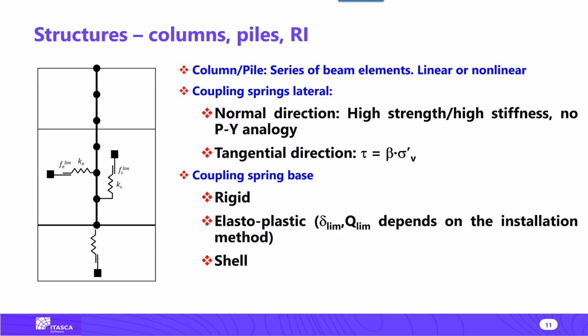When you do an LPile and a PY analysis, the soil is essentially lumped into a single spring. And so there is a fundamental difference in these two types of approaches. If you use the PY concept to calibrate those horizontal coupling springs, you get a much softer response because you have many systems in series, reducing the overall stiffness.